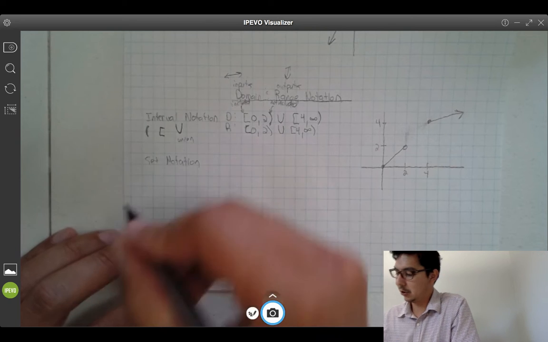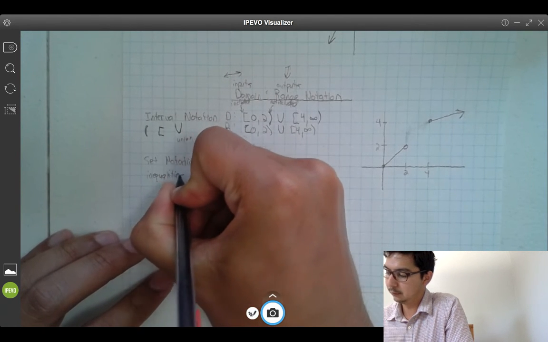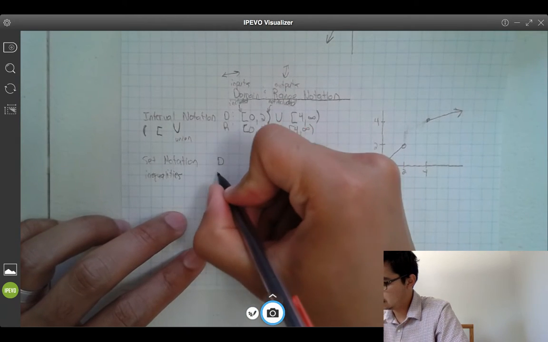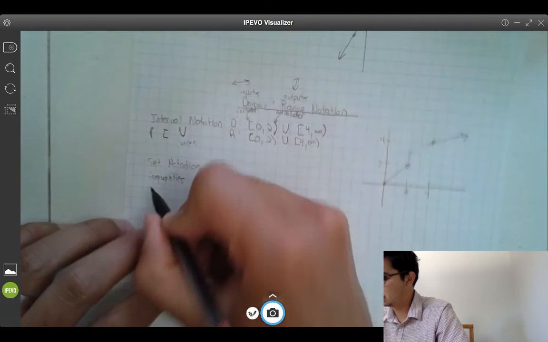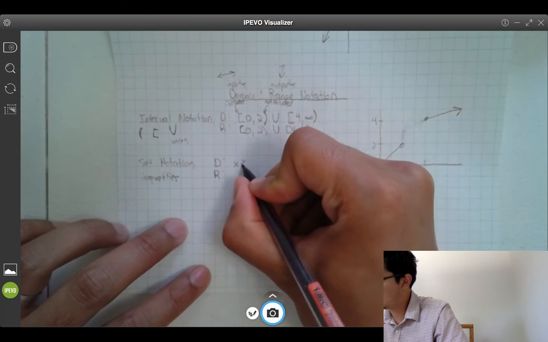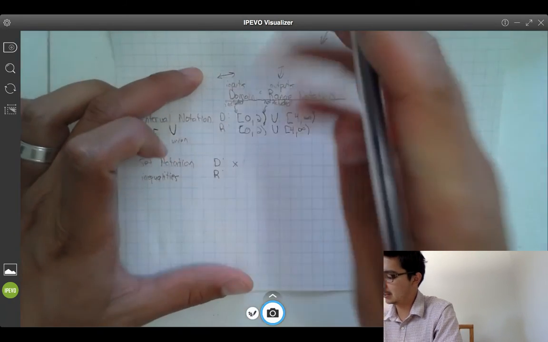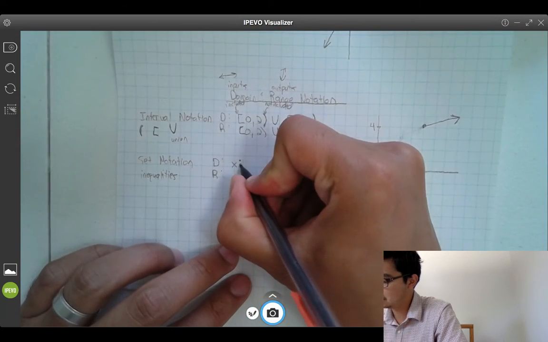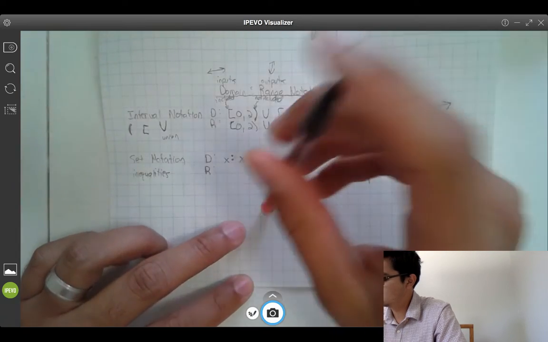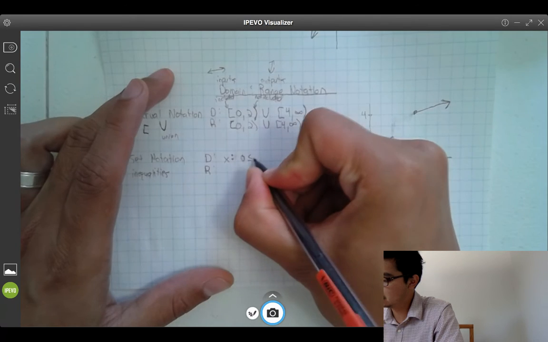Now, set notation is when you use inequalities. So here, if we were to use domain and range with inequalities, it's saying for your inputs x, which is what we're using here, x is, and there are different ways, but we're going to say from 0 to 2.